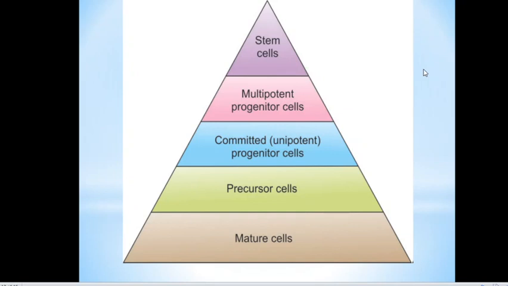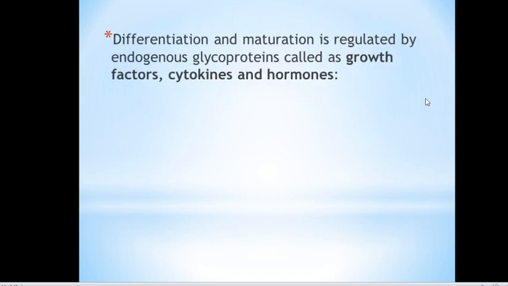blood formation. We have the stem cells, from where it gets differentiated into multipotent progenitor cells, and further into committed or unipotent progenitor cells, and further into precursor cells, and later on the mature cells. And the differentiation and maturation is regulated by endogenous glycoproteins, growth factors, cytokines, and hormones.